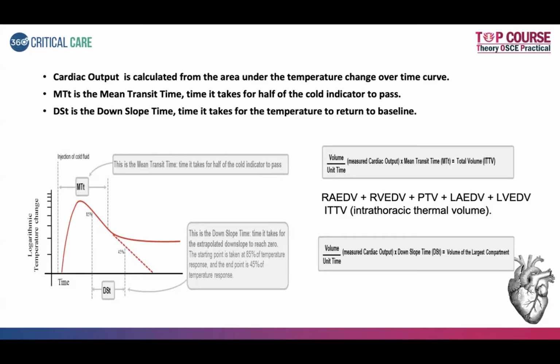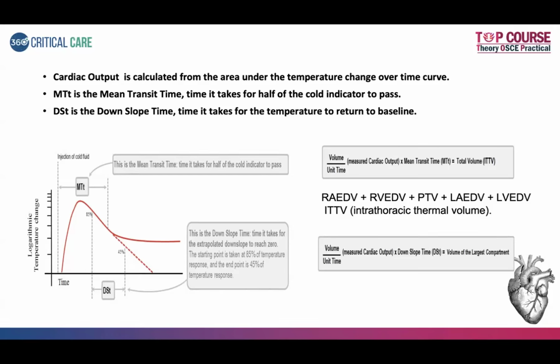Now the downslope time, that is when the temperature comes back to normal. Why is it important? Because in general, whenever the blood volume is more inside a chamber, the temperature drop will be earlier and quicker, right?